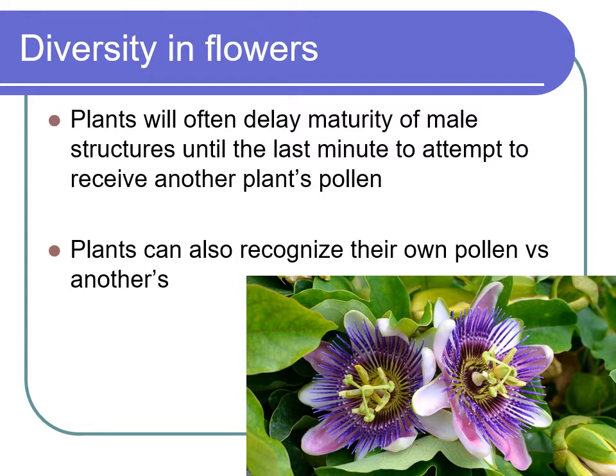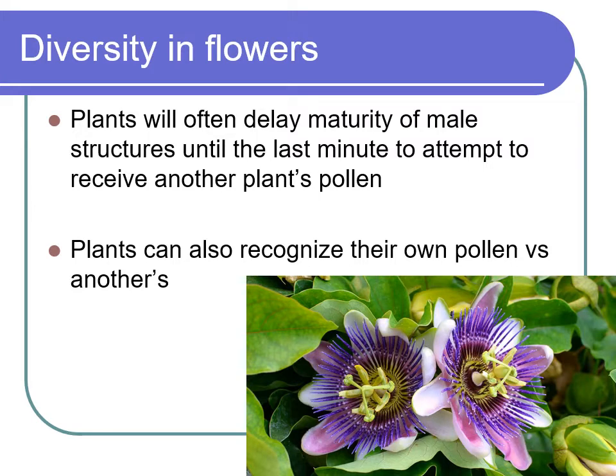So that the male part from their own flower doesn't mature till later, so that there's a chance they might catch pollen from another particular plant. And if that doesn't happen, then their own male part will mature and they will fertilize and hope for another day, right? And plants are also able to recognize their own pollen, so they can decide if they want to let it germinate or not.